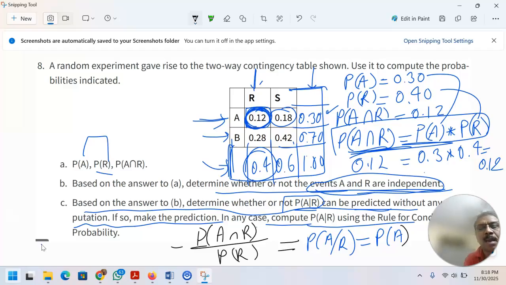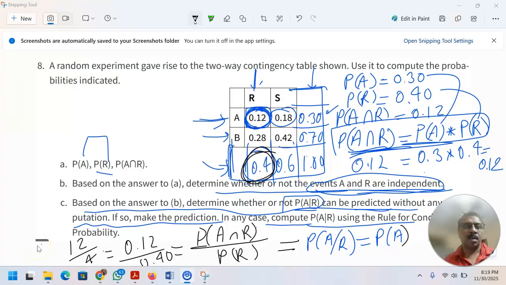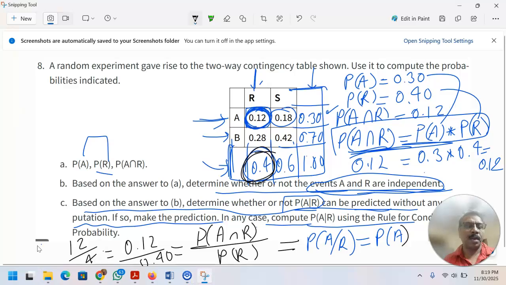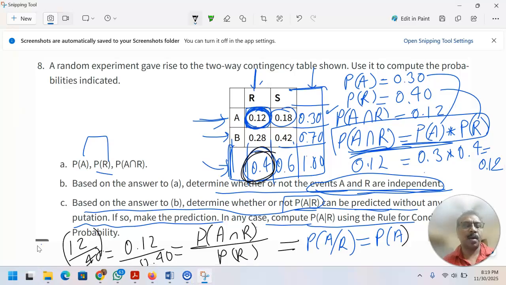Now A and R is 0.12 and R is 0.4, which is 0.40, so this will be 12 out of 40. Use the calculator or check, and it becomes 0.30.